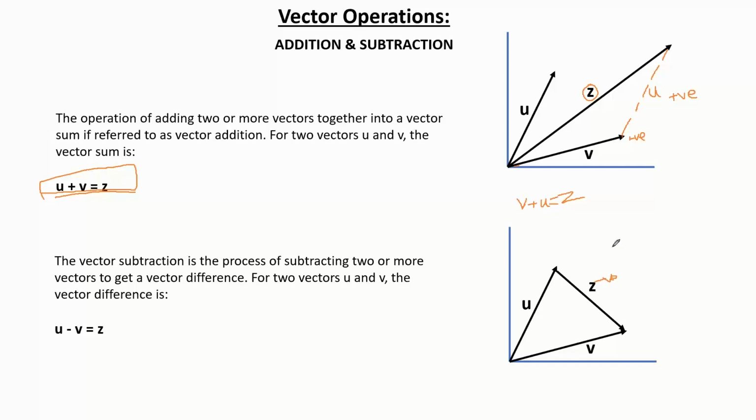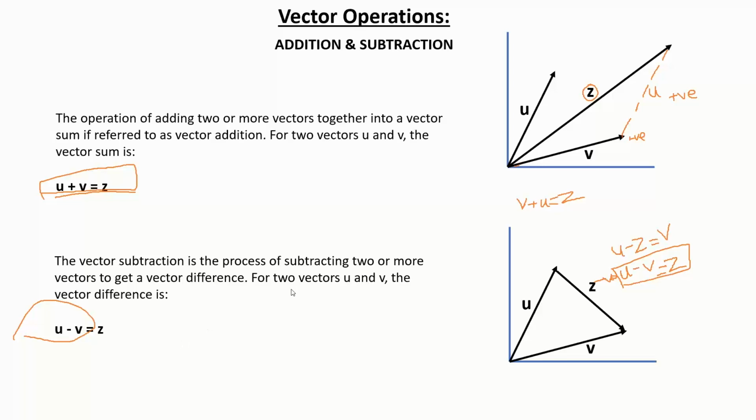So it will be U minus Z equals V. So it can also be written as U minus V equals Z. This is the equation that we wanted because it is going in the negative direction. So ultimately U minus V equals Z.